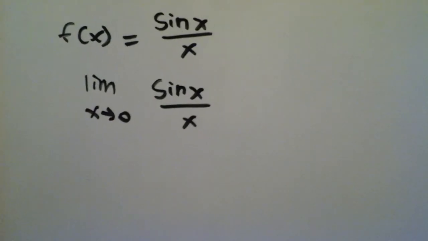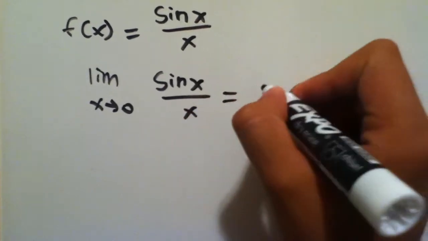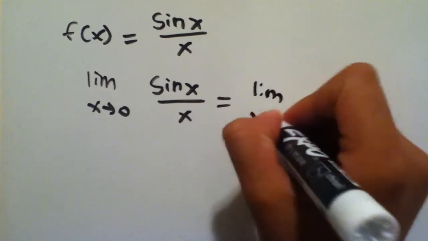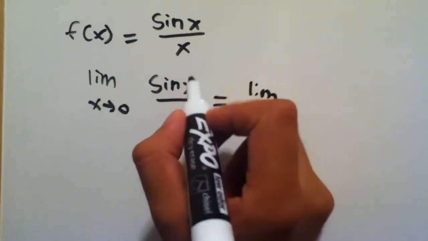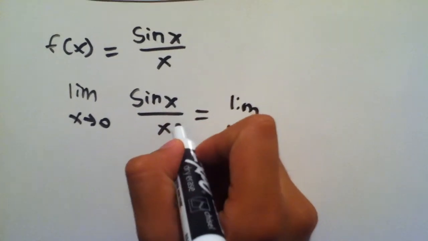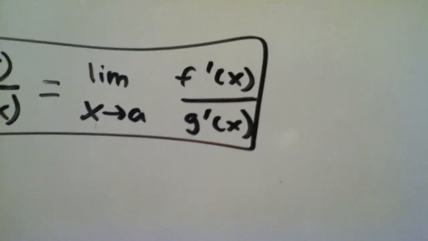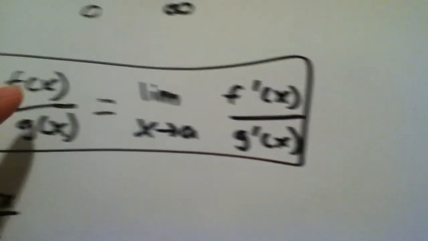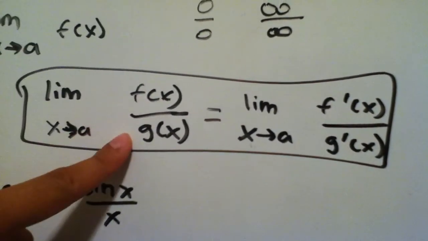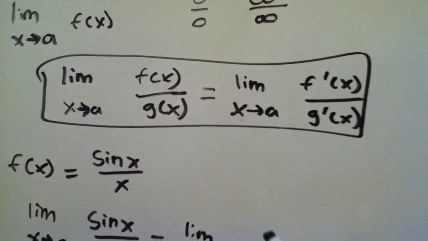So what we can do now is take the derivative of the top and the derivative of the bottom separately. Again, we're not taking the derivative of the whole thing, we're taking the derivative of f of x and the derivative of g of x.